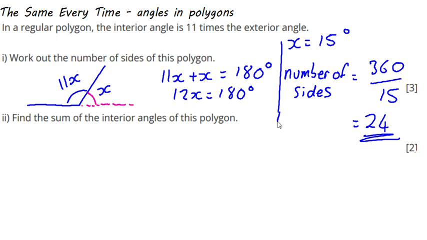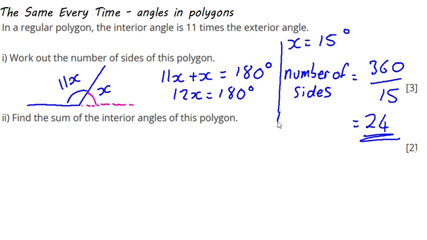Once you put your knowledge to work on this, it's really not as bad as it looks. The crucial part of this question, I think, is that for any regular polygon, the number of sides is 360 divided by the size of one exterior angle, and then of course that interior plus exterior add to make 180.